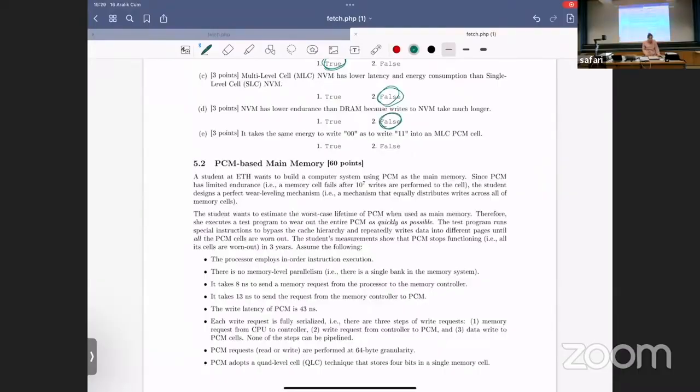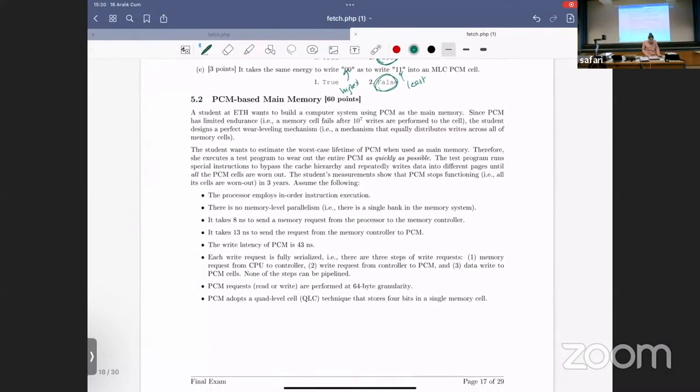And the fifth one is: it takes the same energy to write 00 as to write 11 into the multi-level cell PCM cell, which is wrong because 11 has the least resistance, and 00 has the highest resistance, and you apply different temperature, and the duration of the temperature is also different when you want to write these two different values.